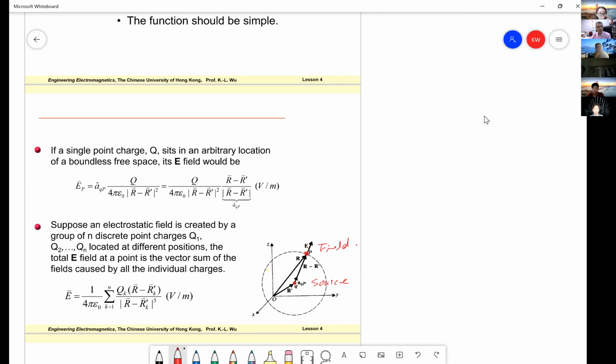Then we know we can use position vectors to describe things. Then we can use a distance vector to measure the distance both in direction and magnitude. So in this case, we can use the magnitude of the distance vector to measure the distance between the source and the observation point.